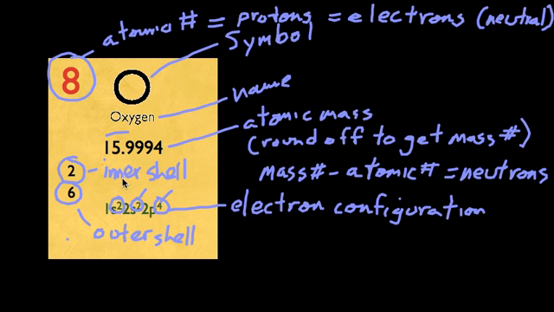Something you might have heard before. In order to be stable, atoms need to have 8 electrons in their outer shell. This is true for our representative elements in the tall columns on the periodic table.